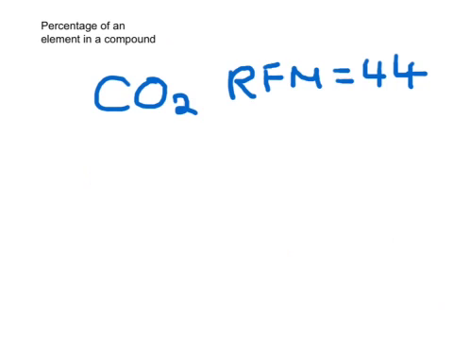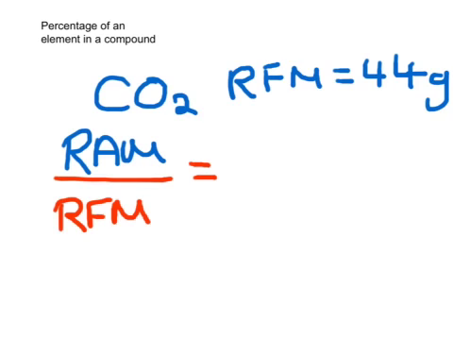Okay, so we've already established that the relative formula mass of CO2 is 44 grams. Okay, so you should be able to calculate the percentage of an element in a compound. So if you wanted to know how much carbon was in CO2, you would look at doing the following sum. Okay, so you would do the relative atomic mass of the particular element in question.